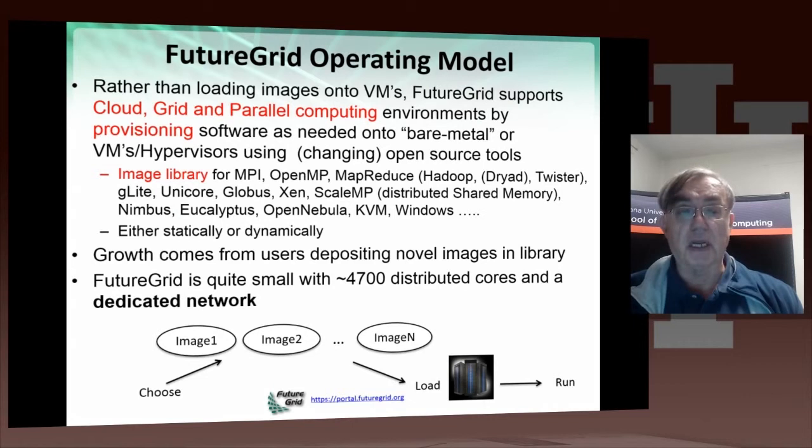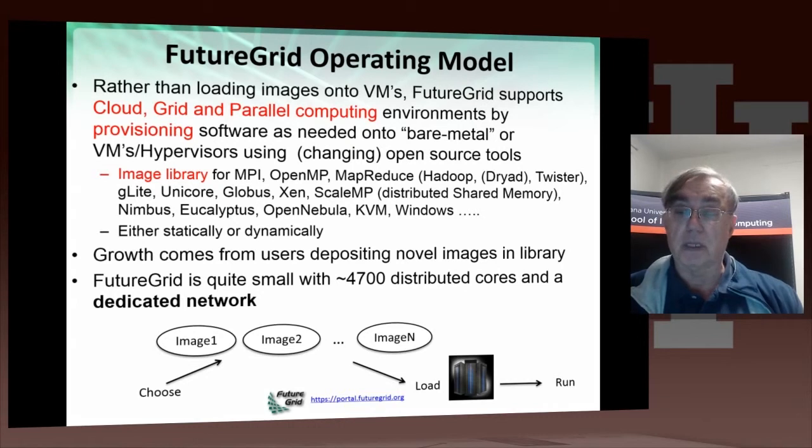We have image libraries for a lot of the basic technologies, MPI, OpenMP, MapReduce. Dryad is actually now deprecated because Microsoft has stopped offering it, but there's Hadoop and Twister. Twister is an example of iterative MapReduce. We have the European gLite environment, Unicore, Globus.